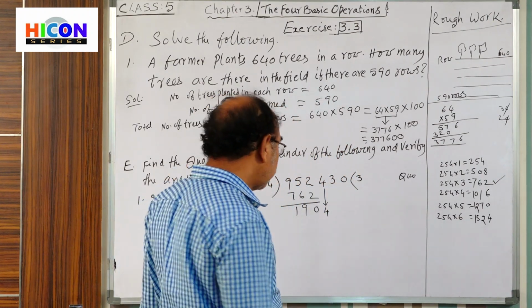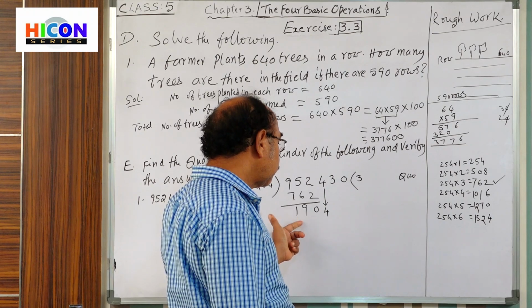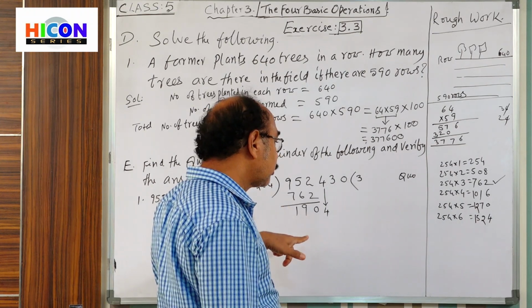Okay, so here the number is 1904. Nearly how many times?